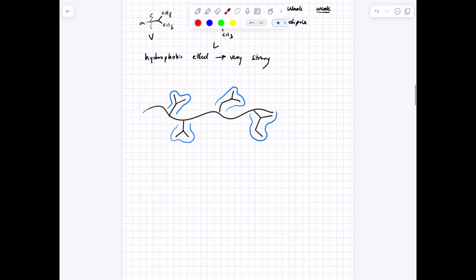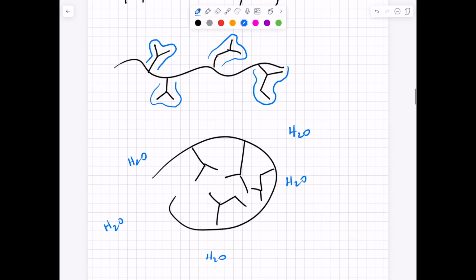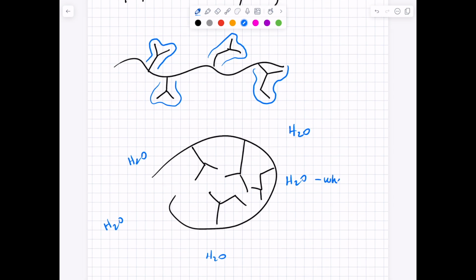If instead the protein collapses in such a way that all of the nonpolar side chains are on the inside, where they're sequestered from water, suddenly all of those water molecules that used to be in the ice-like cage are back in the bulk water, where they have the maximum number of hydrogen bonding partners and the maximum amount of freedom.